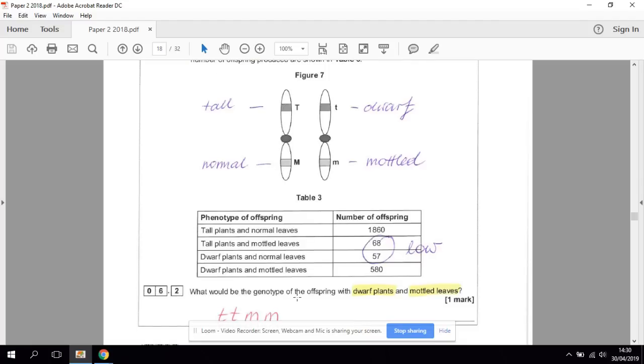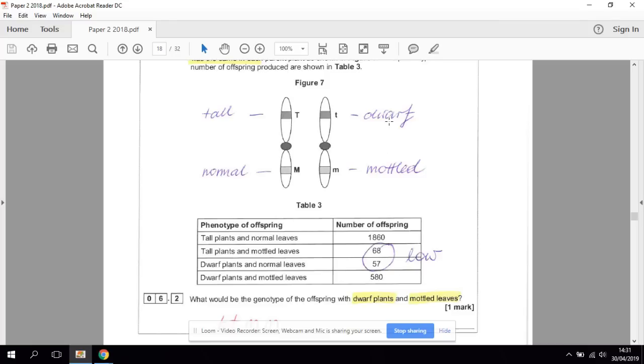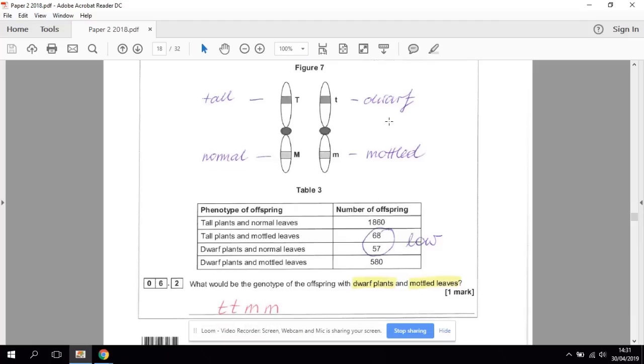So before I look through anything, I look, right, so I've got a huge amount of those, and some are quite low in number. So I just write this down here. I've analyzed the table, and what would be the genotype of that plant? So look, according to my writing here, both characteristics are recessive, hence the genotype.